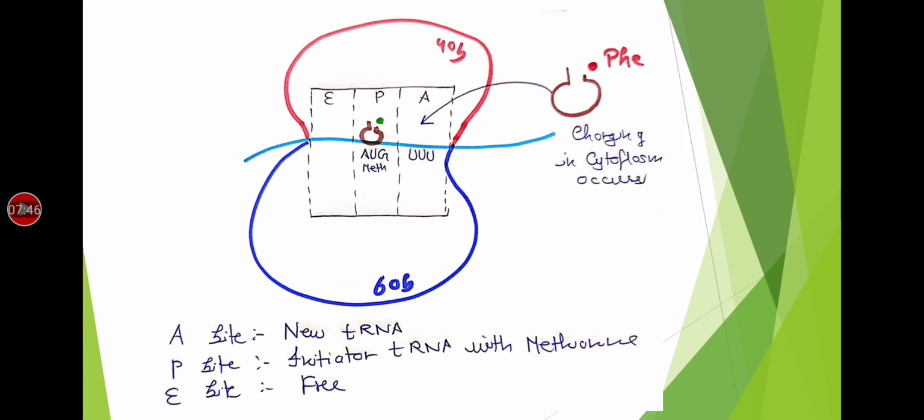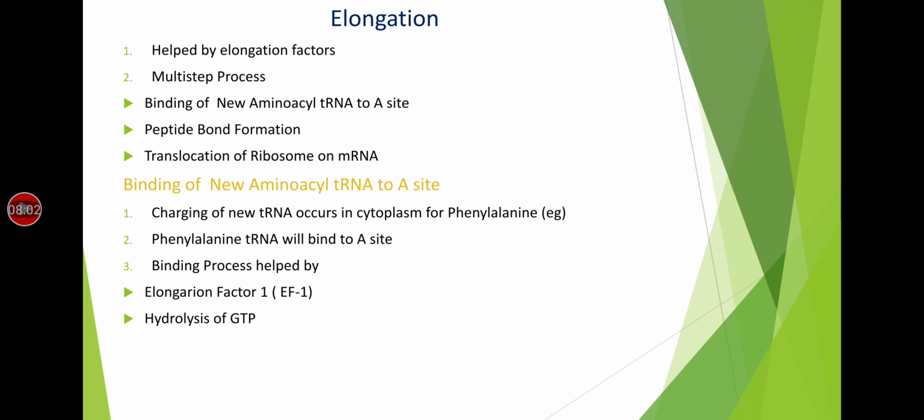Since A site consists of UUU, in cytoplasm, phenylalanine binds to the acceptor arm of tRNA and this new tRNA which carries phenylalanine binds to this A site. This process of binding of new tRNA to A site is helped by elongation factor 1 and hydrolysis of GTP. So, with the help of these two things, charged tRNA binds to the A site.